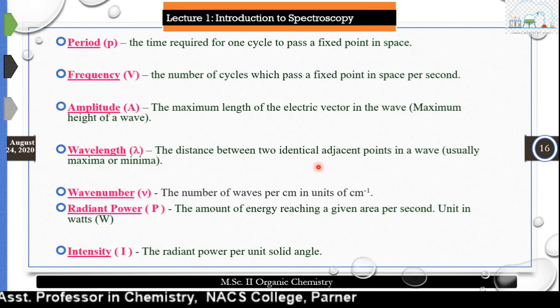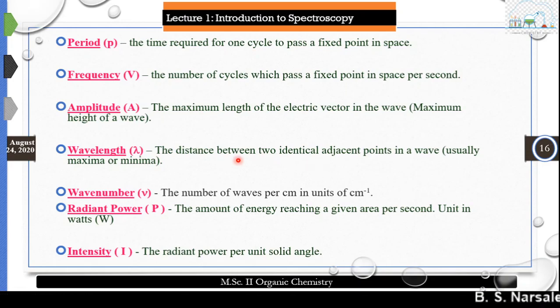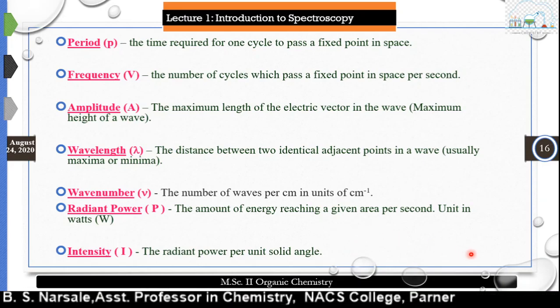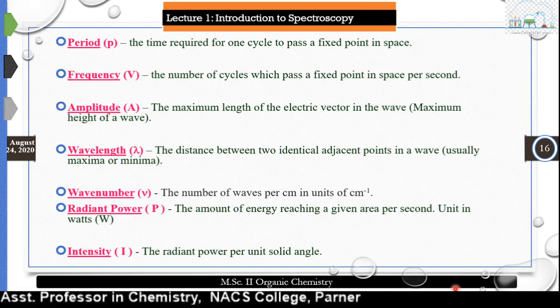Wavelength is just the distance between maxima and minima, or crest and trough, that is, identical adjacent points. Wave numbers are expressed per centimeter, and radiant power, which is the amount of energy reaching an area, has the unit watt, and intensity is the radiant power per unit solid angle.